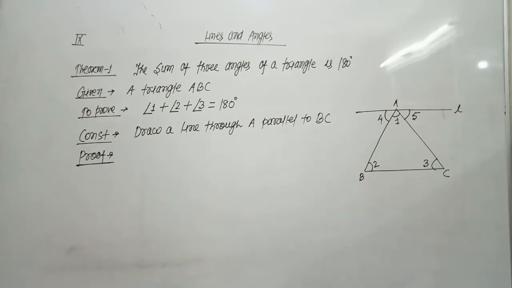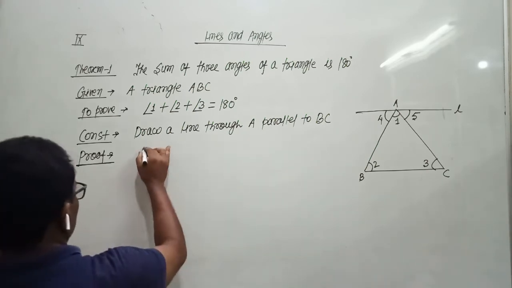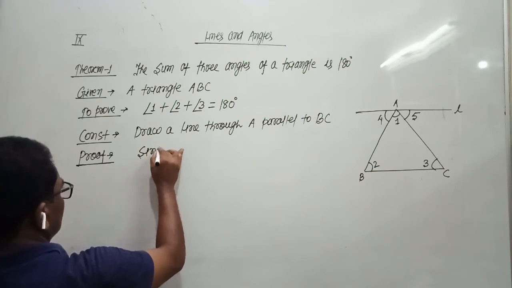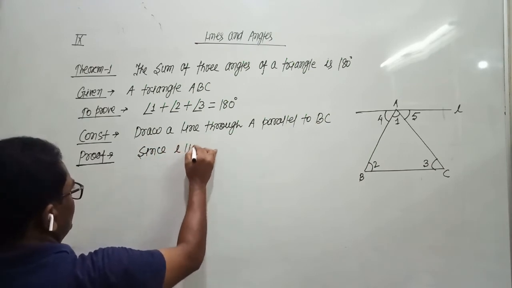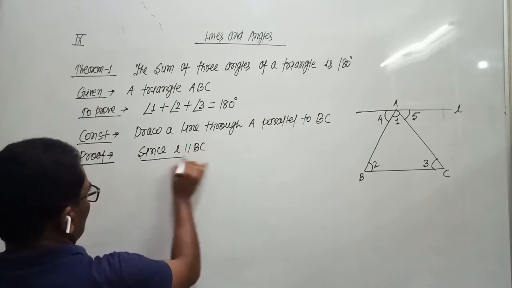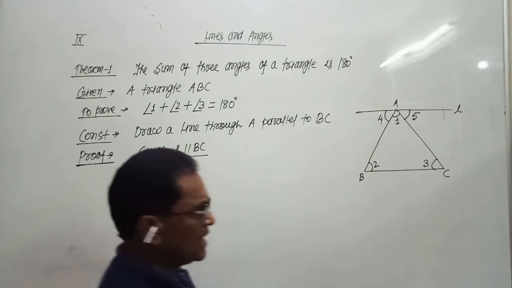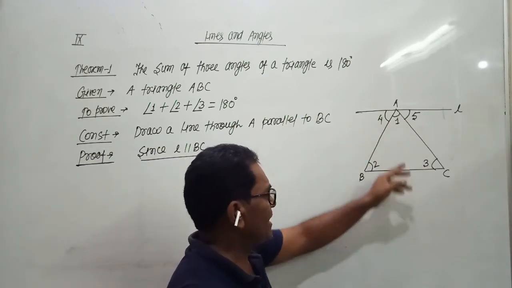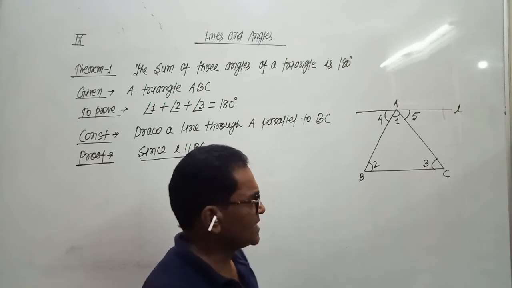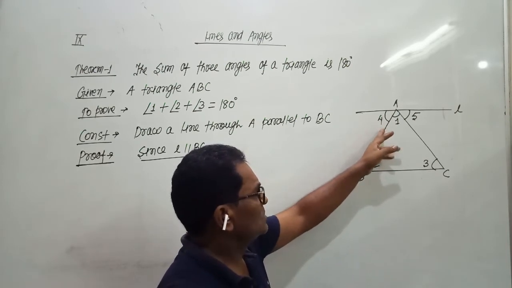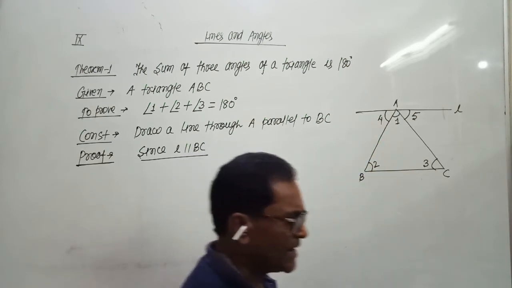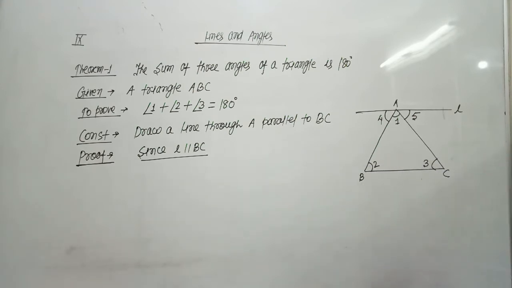Since L is parallel to BC and AB is the transversal, we have studied that if two parallel lines are intersected by a transversal, then alternate interior angles are equal.